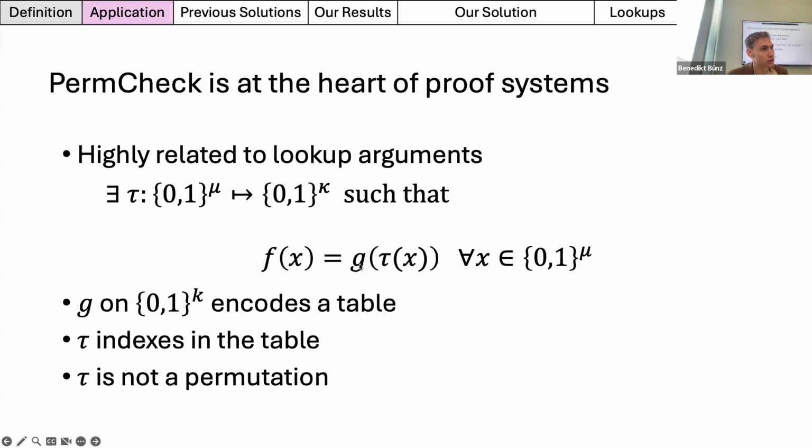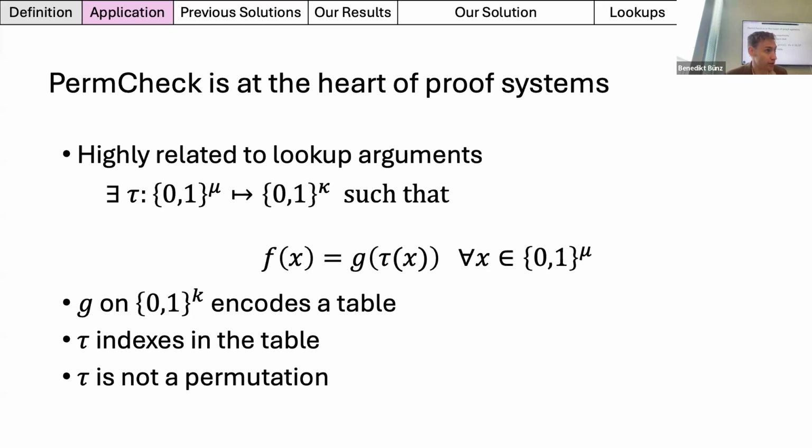What I'm saying is that the lookup argument has a very similar structure to a permutation argument. And in fact, the same techniques that we use to prove permutation arguments are going to be useful to prove the lookup arguments directly.